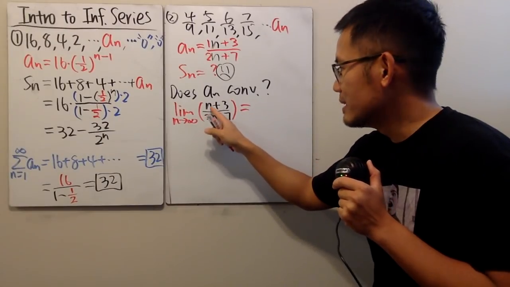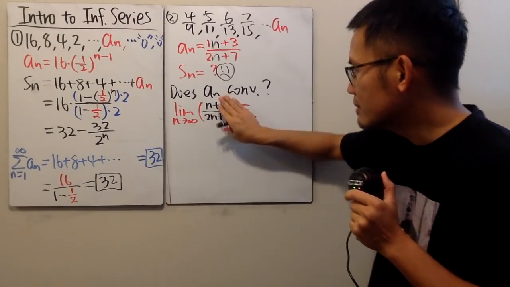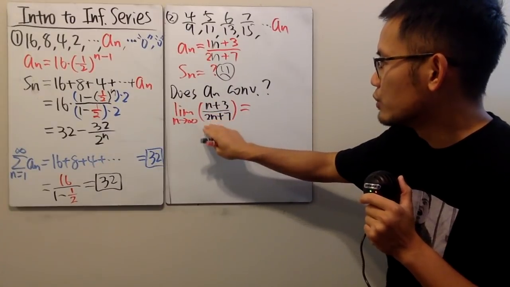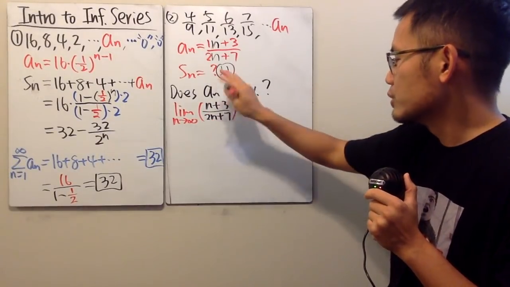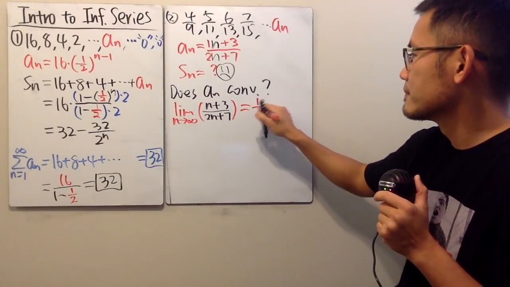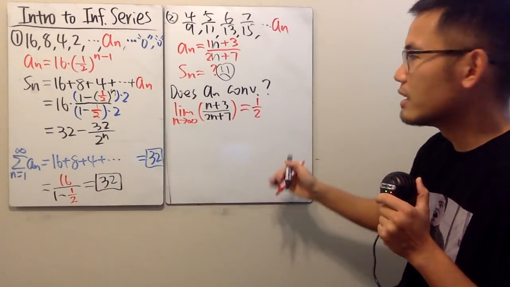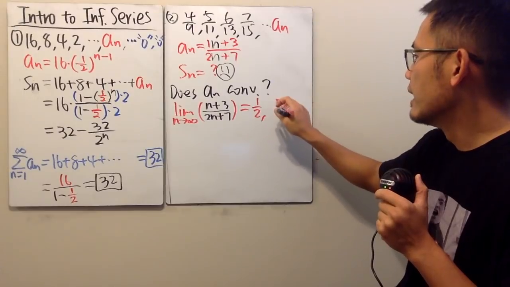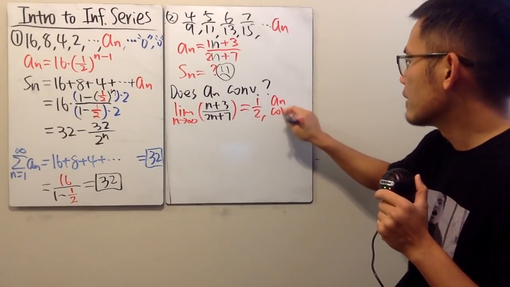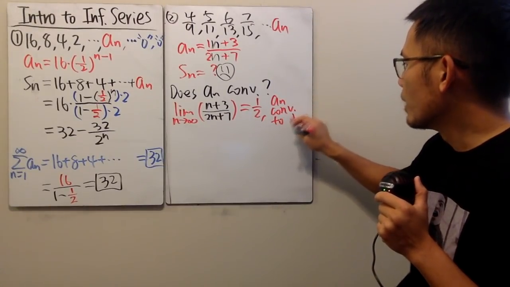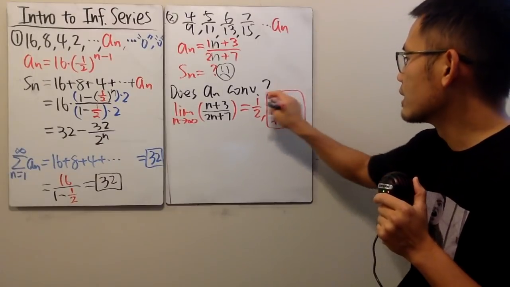Well, do the limit the easy way, just ignore the 3 and the 7. N to the first over 2n to the first, n's reduced, so we just have 1/2. We are done. So right here, does An converge? We can say An converges to 1/2, and we are done.